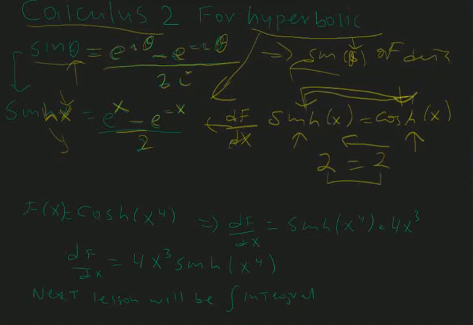Whatever you have here. For example, you were asked f of x equals cosine hyperbolic of x to the power 4, and they asked you to do the derivative with respect to x. Now they ask you to do the derivative of cosine hyperbolic of this function.